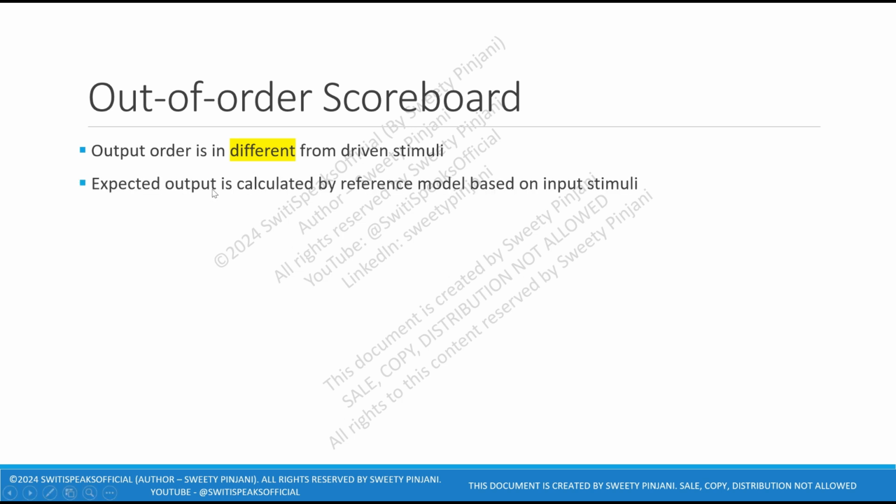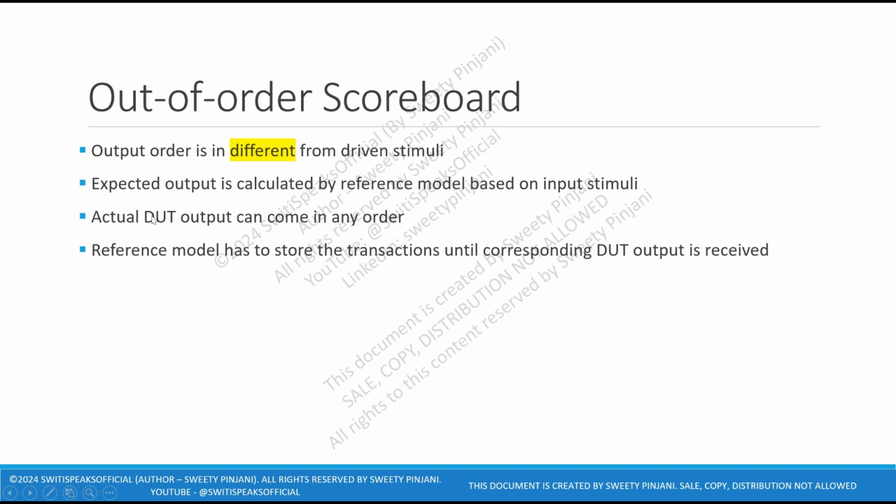The expected output is calculated by the reference model. The reference model calculates this expected output based on your input stimuli. And the actual output comes from the DUT, and it can be in any order.